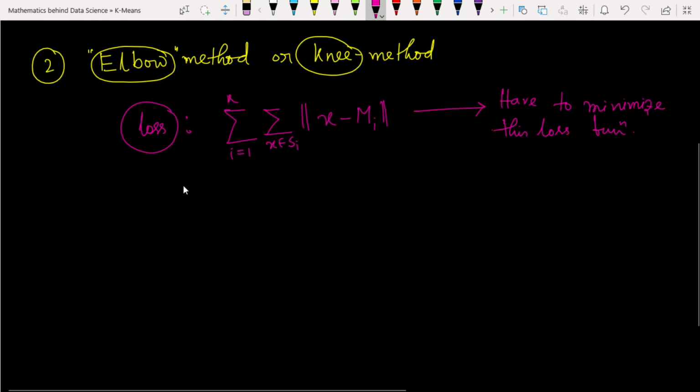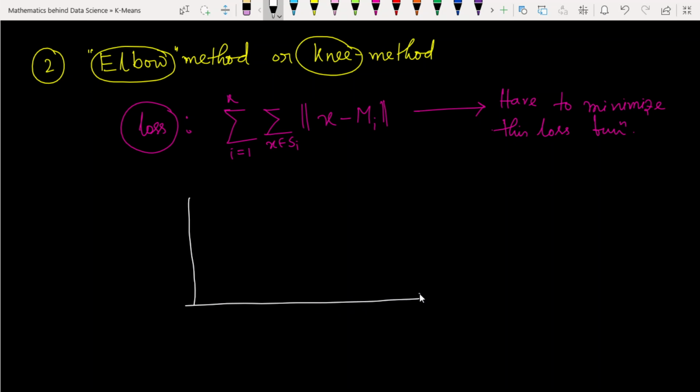If we plot this, suppose the x-axis is the hyperparameter k with values 1, 2, 3, 4 and so on, and the y-axis is the loss value, sometimes called the objective function value, a mathematical objective function.